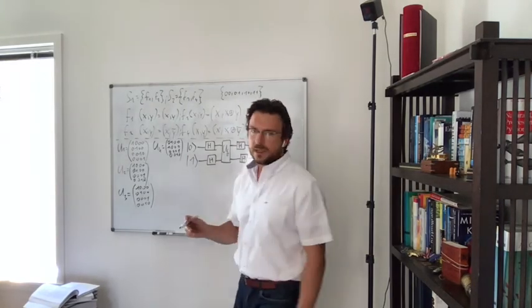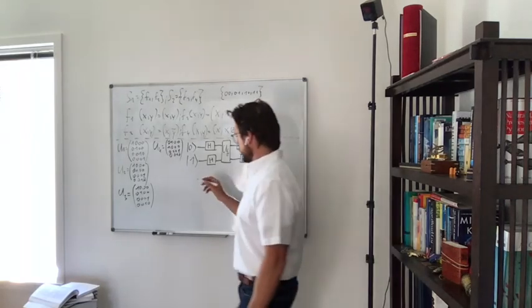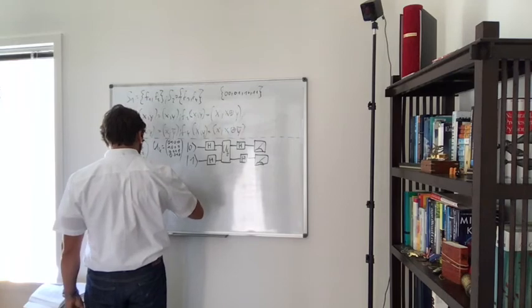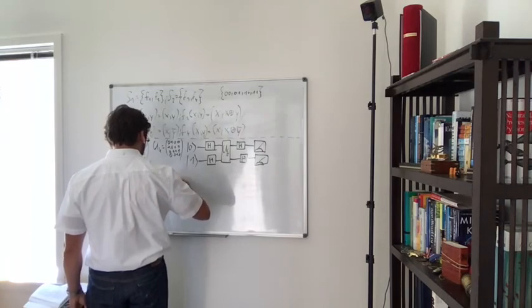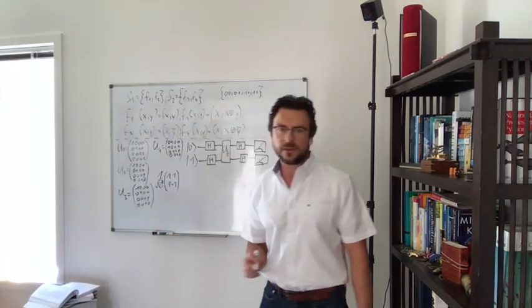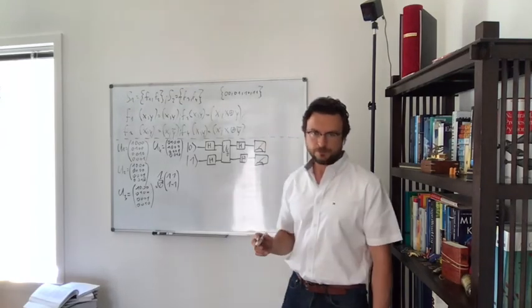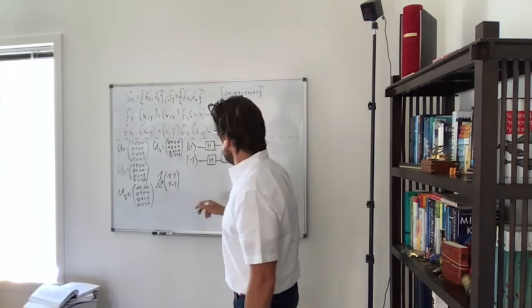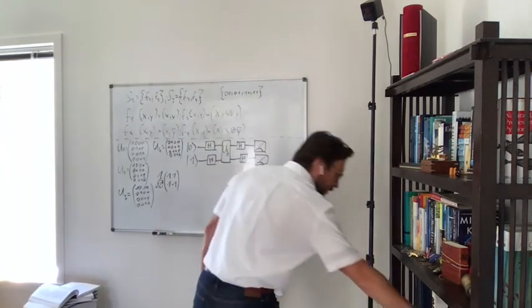So remember how the Hadamard transformation works. We just had it in our last lecture. This is the Hadamard transformation, the single qubit Hadamard transformation. And so if we apply it to this state and this state, let me just do it.